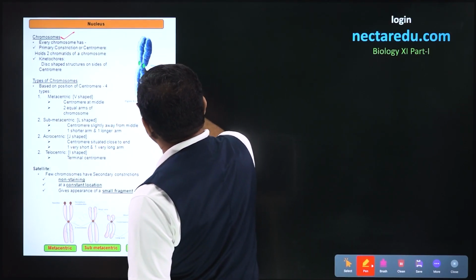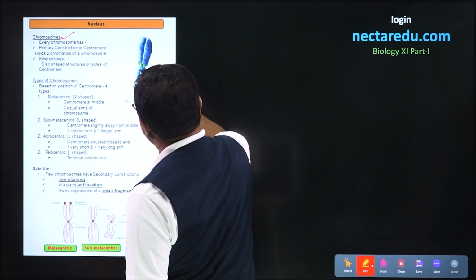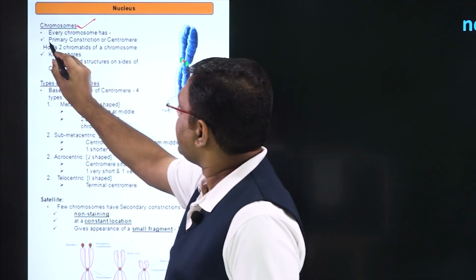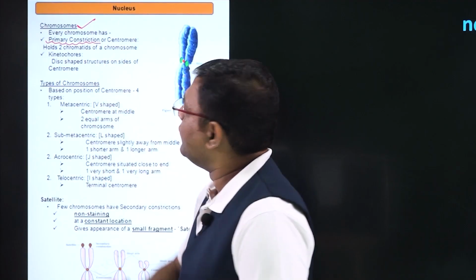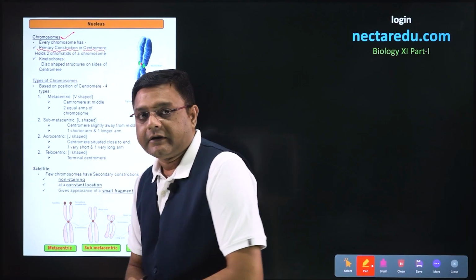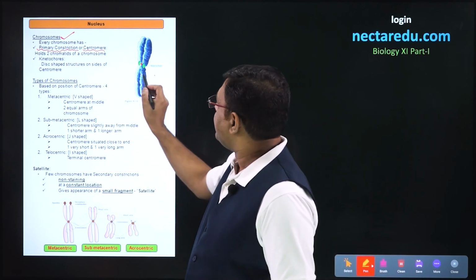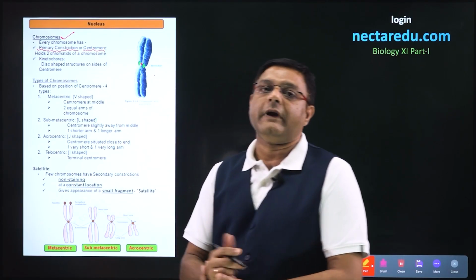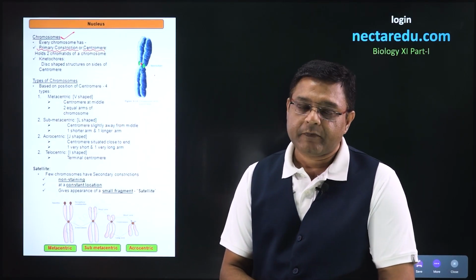Here, this middle point where these chromatids are attached is technically known as the primary constriction. Its second name is centromere. So, we can say that the primary constriction or the centromere will hold the chromatids of the chromosome together.